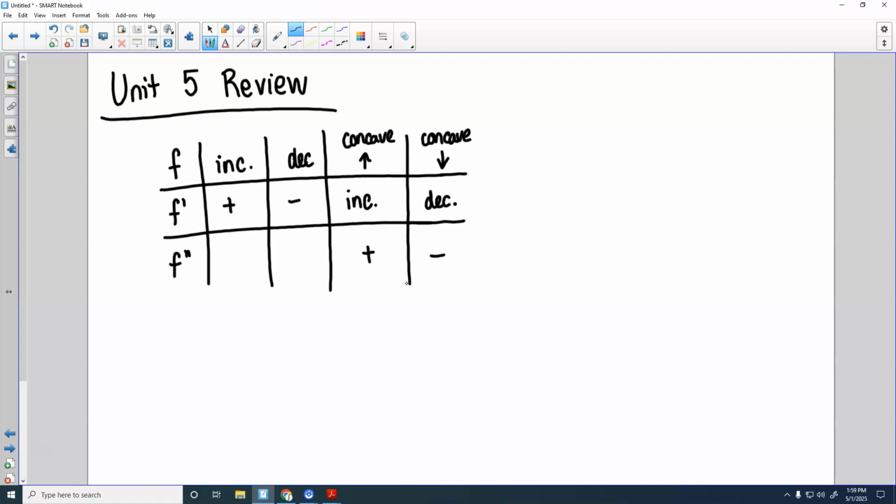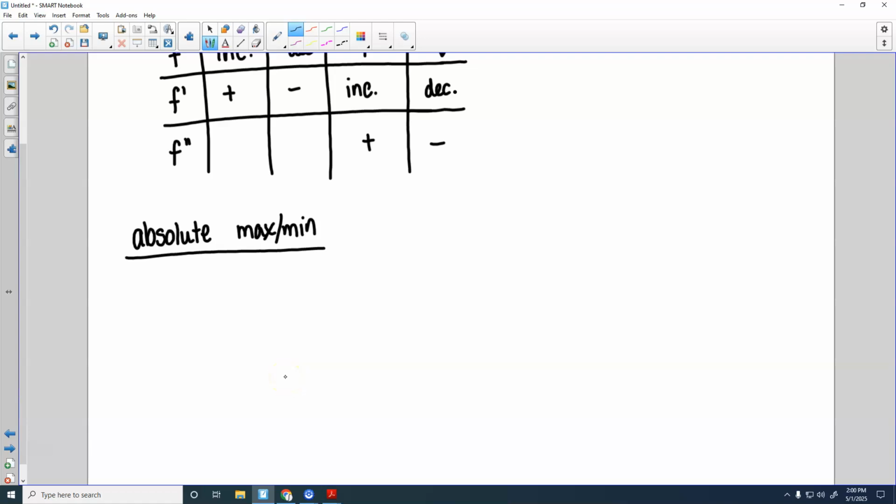One thing that's important to know from this section is the difference between a relative maximum or minimum and an absolute maximum or minimum. If you see absolute max or min in the question, if they ask you to find the absolute maximum or minimum, you would need to set f prime of x equal to 0.